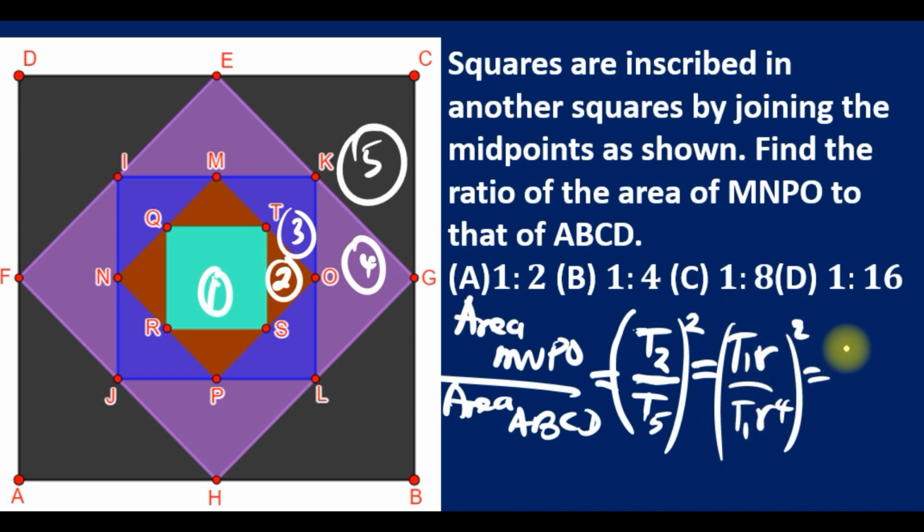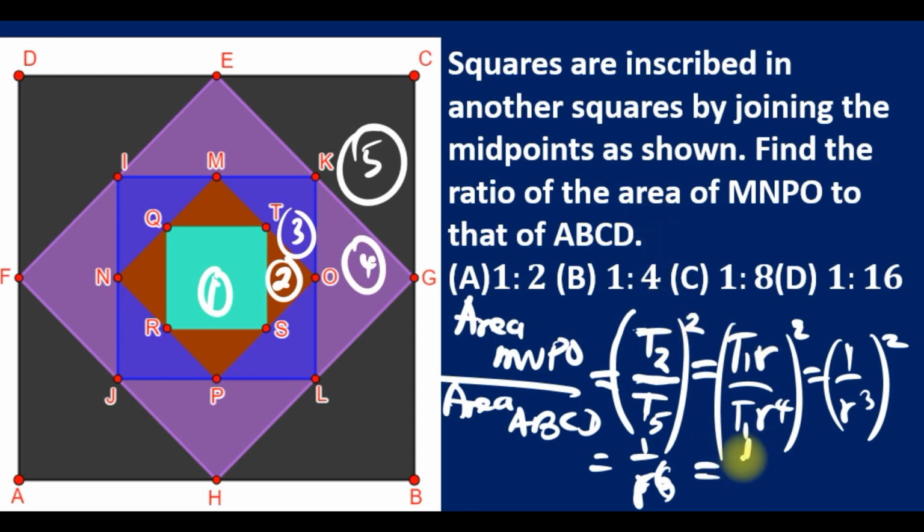So this is now 1 over R cubed, squared, and this is 1 over R raised to the power 6. Remember I told you their common ratio is root 2. So this is 1 over root 2 raised to the power 6. So our answer is 1 over 8. So the ratio is 1:8.